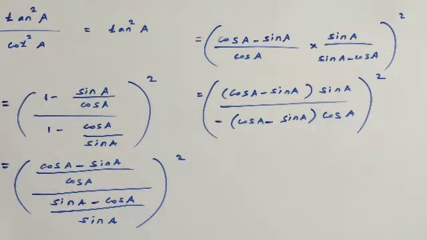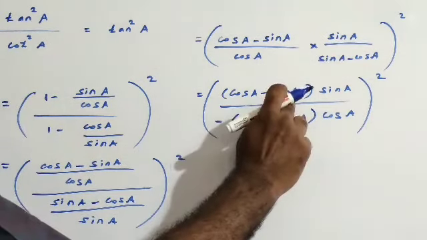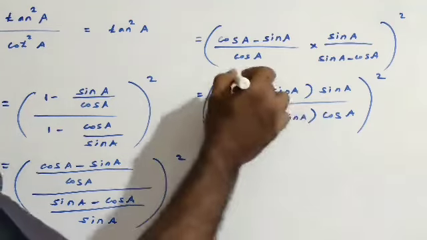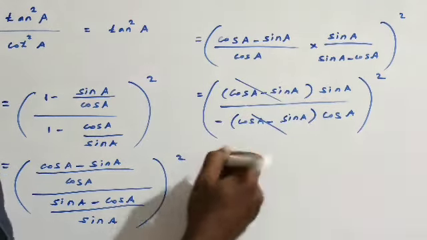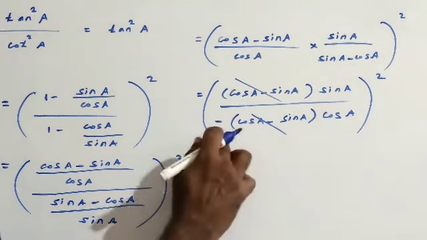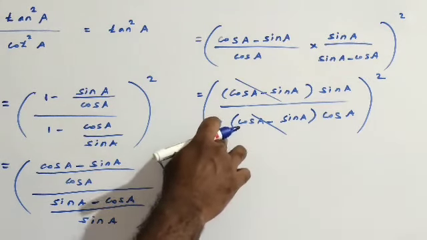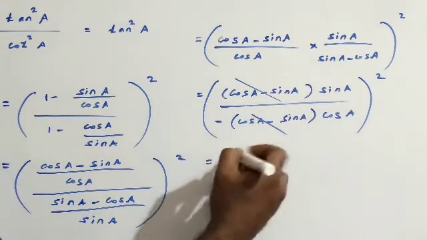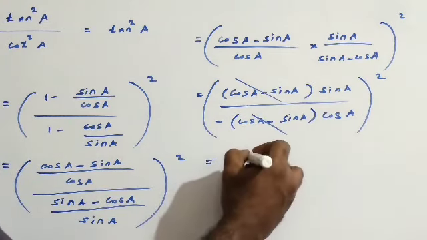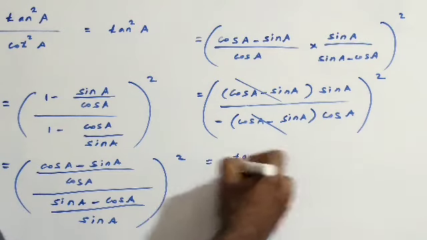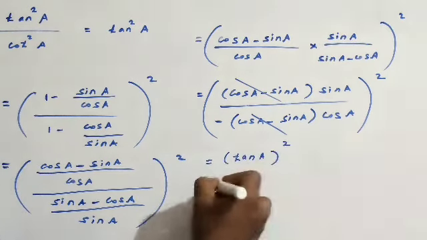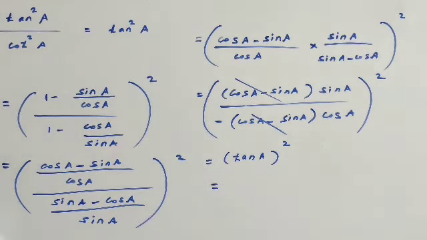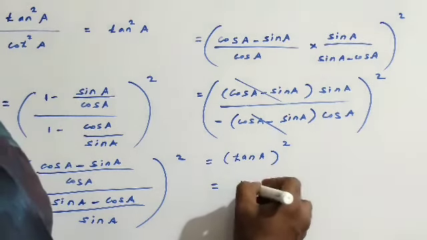Now we can cancel cos A minus sin A, both numerator and denominator. Now squaring of the minus symbol leads to plus, so here we get plus. Sin A by cos A, that is tan A. Tan A the whole square, that is equal to tan square A. So now we get tan square A.